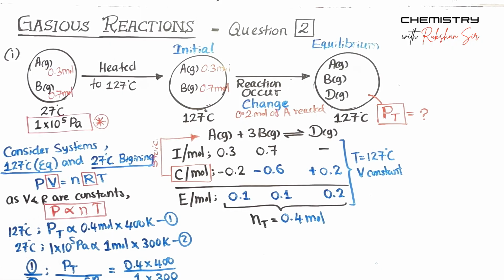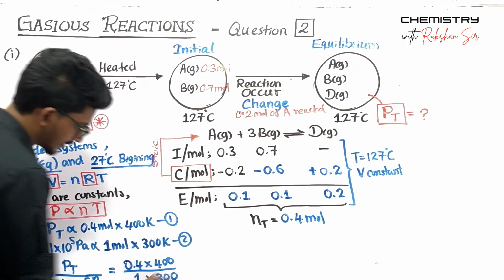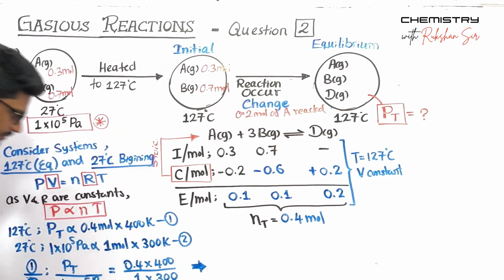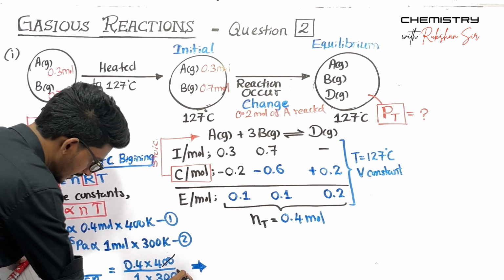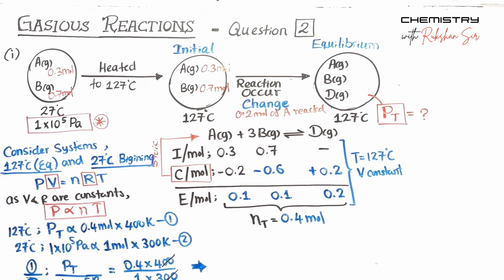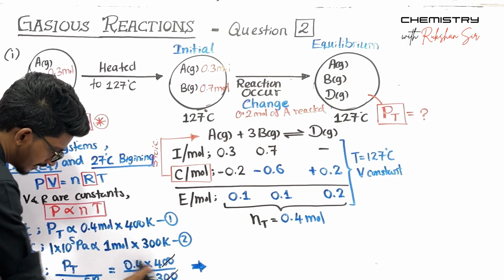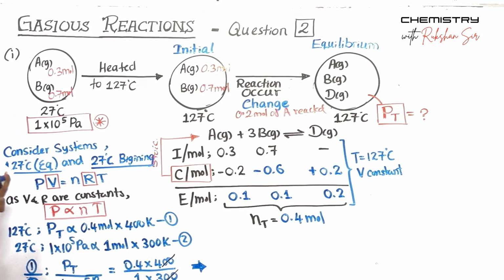This gives you your P total. So we can simplify this, right? These two will cancel out, so you have here 1.6 over 3 into 10 power 5, right?